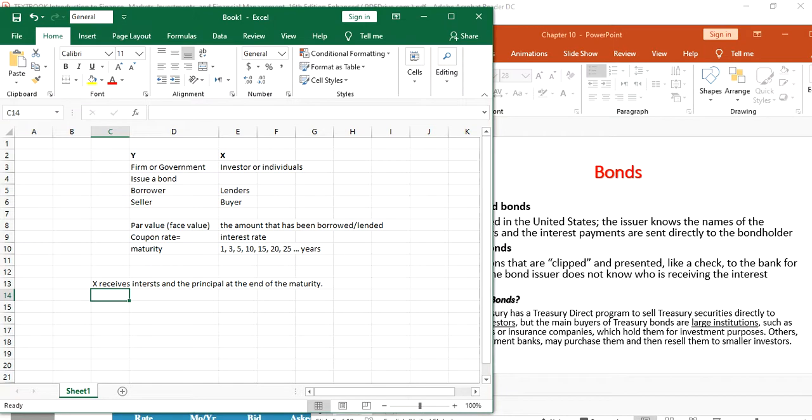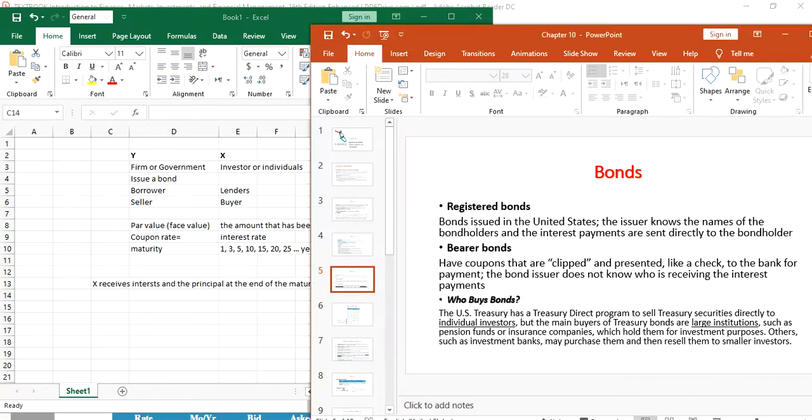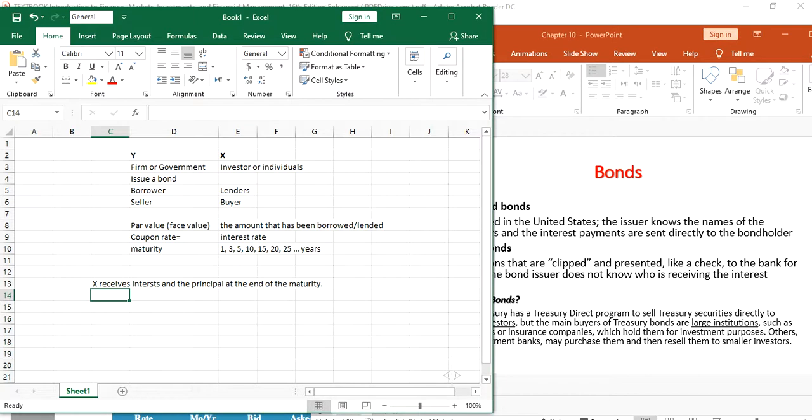Okay, but what about bearer bond? That was registered bond.